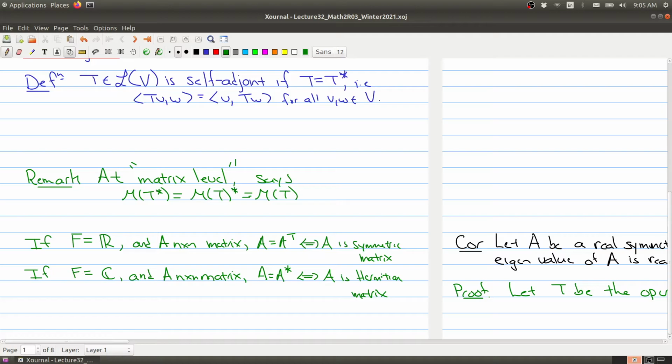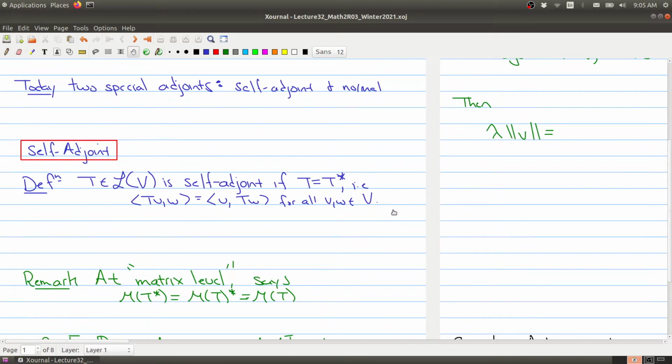So when we talk about self-adjoint operators, at the matrix level they are symmetric matrices if we're working over the reals, or Hermitian matrices if we're working over the complexes.